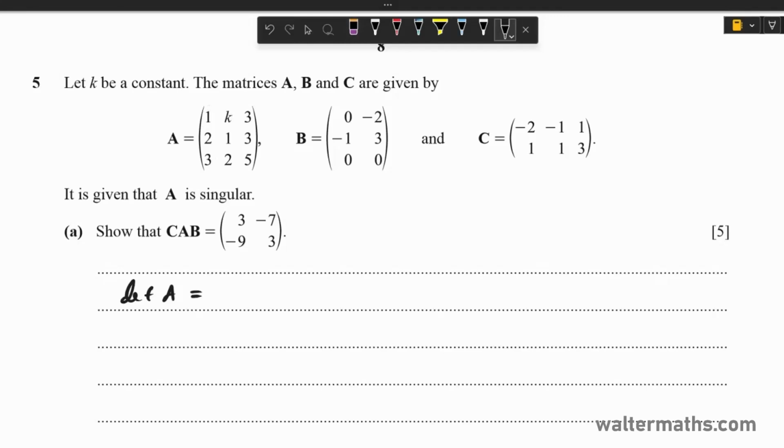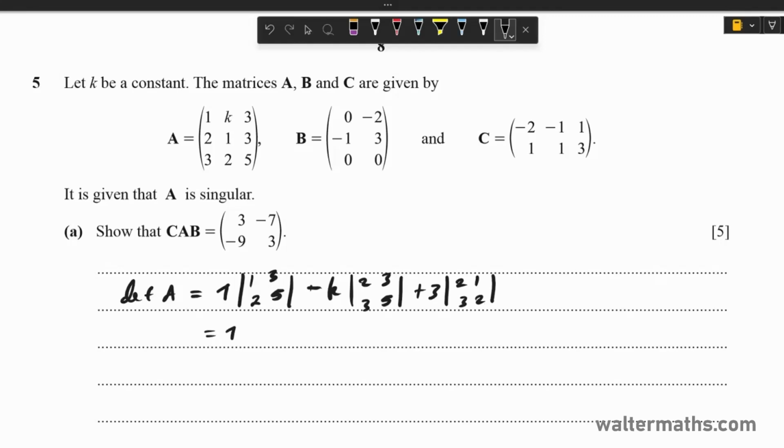Then I'll close out K, so 2, 3, 3, 5. So that's going to be minus K of 2, 3, 3, 5. Then I'll close out for the 3, 2, 1, 3, 2. So it's plus 3 of 2, 1, 3, 2.